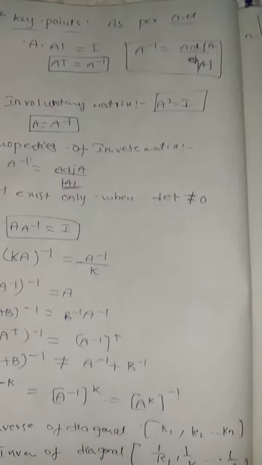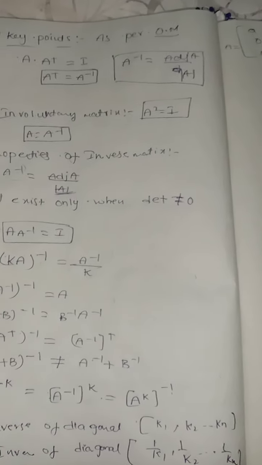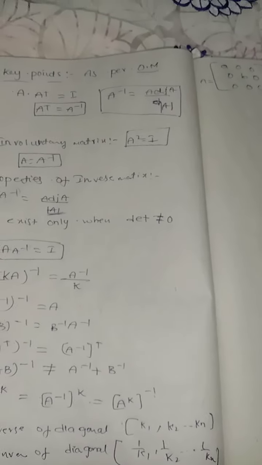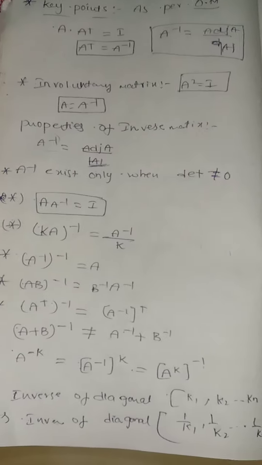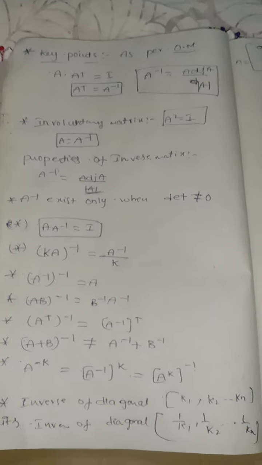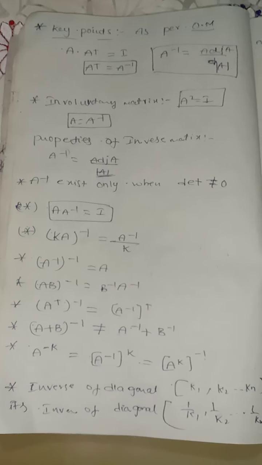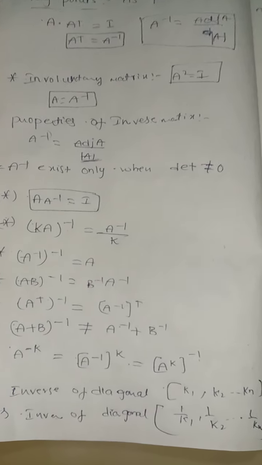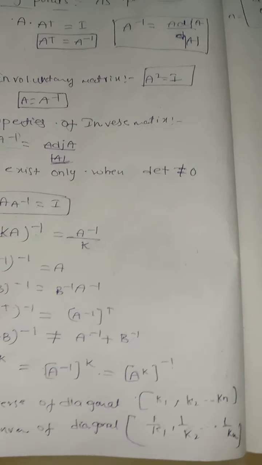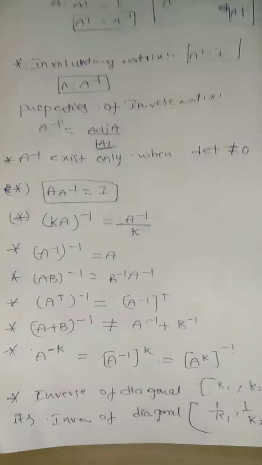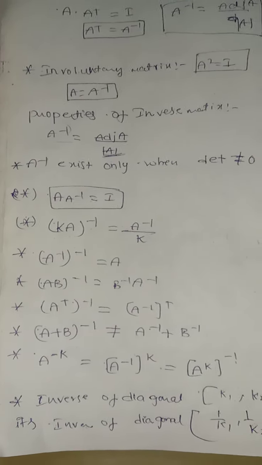In the next session, we can learn about determinants. Up to now you learned about matrices. For matrices, I have done 2 videos so far. In the first video I explained some concepts. With the second video we complete matrices, and in the next session I am going to tell you about determinants.